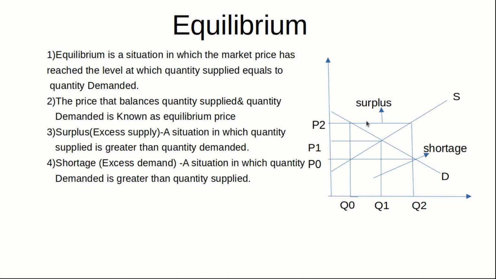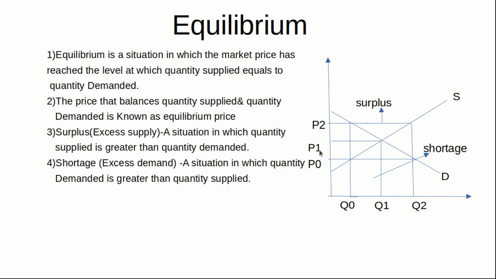So you have excess supply. People are not demanding that much at this price, but you have enough supply. This area is surplus. As you can see, quantity demanded is less than the quantity supplied.